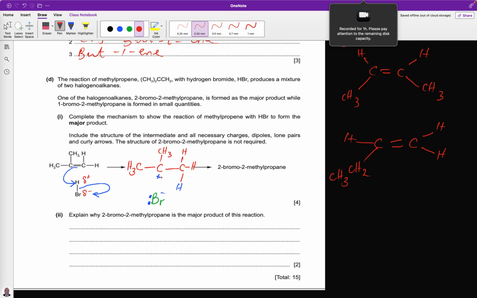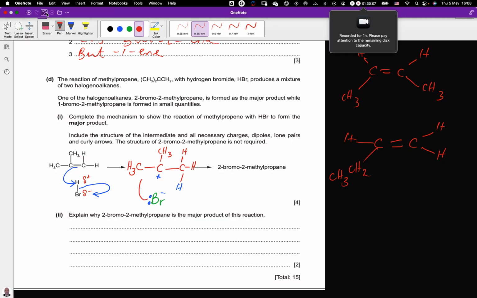This carbocation is highly reactive, so it is attracted to the lone pair of electrons here. Let me use another approach to show what is going on here.